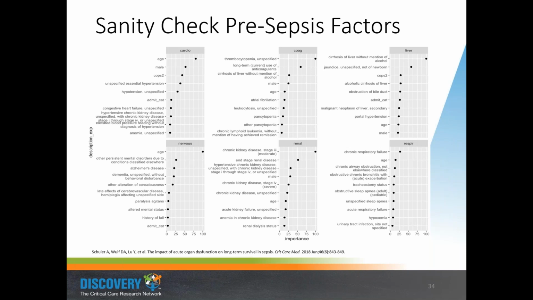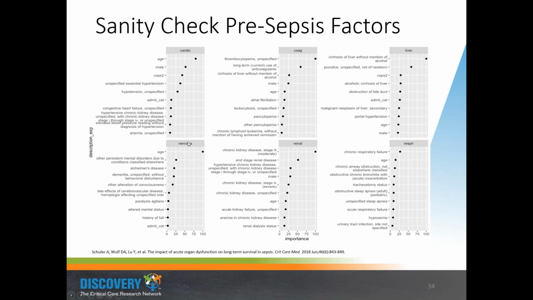And what we found was really consistent with what we see clinically. In renal disease, the most important factors were a history of chronic kidney disease, ESRD, hypertensive kidney disease, etc. All of these are essentially kidney disease comorbidities that greatly increase your chance of actually having AKI.